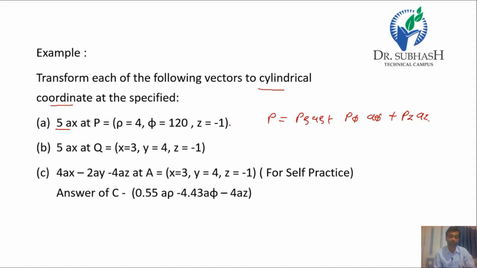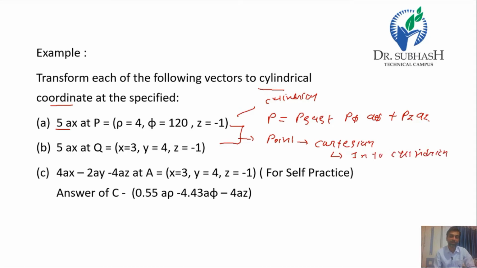Here in both A and B there is a difference in the point only, meaning the first point is given in the cylindrical coordinate itself, whereas the second point is given in a Cartesian coordinate system. So here we first require to transform this point into cylindrical, then we can find the vector phi x in the cylindrical coordinate system.